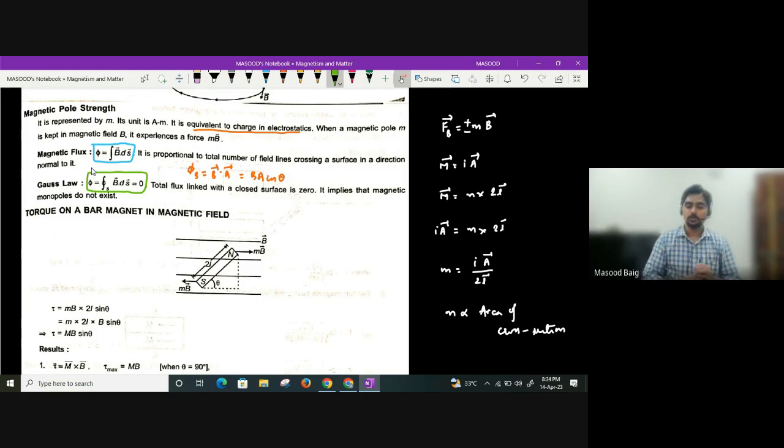Clear, all of you? So what can we understand from that? We can understand that magnetic monopoles do not exist, guys. Clear, everyone? So only north cannot exist, only south cannot exist. If north is there, definitely it will be accompanied by south. If south is there, it will definitely be accompanied by north. Clear?